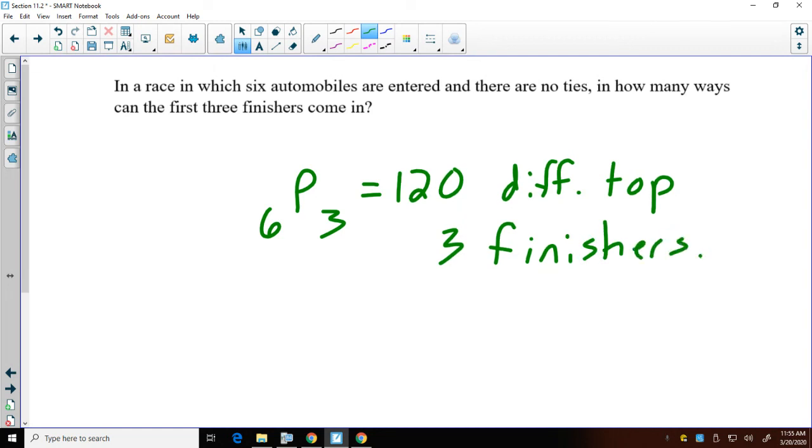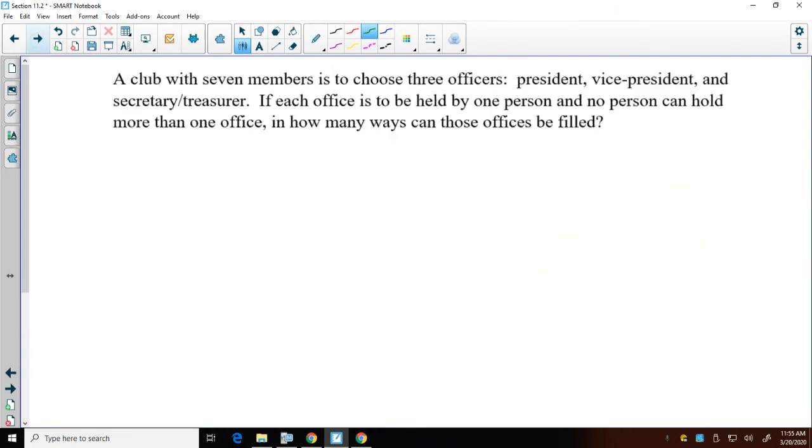All right, one more. So it says a club with 7 members is to choose 3 officers: president, vice president, and secretary/treasurer. So this position right here is all together. If you're the secretary, you are also the treasurer, just so you know. So that's not 2 positions. If each office is to be held by 1 person and no person can hold more than 1 office, how many ways can those offices be filled?